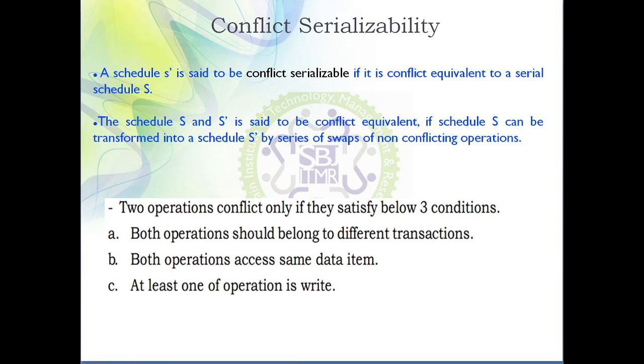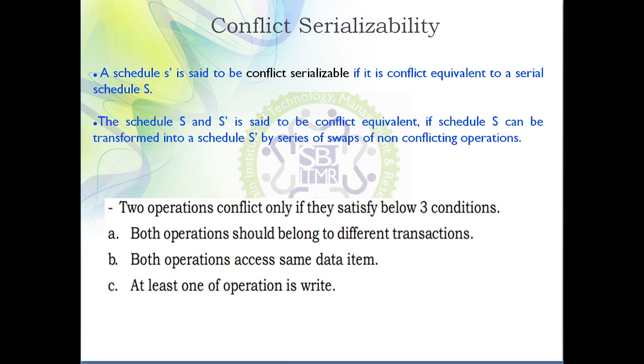The second condition is given: schedules S and S' are said to be conflict equivalent if schedule S can be transformed into schedule S' by a series of swapping of non-conflicting operations.